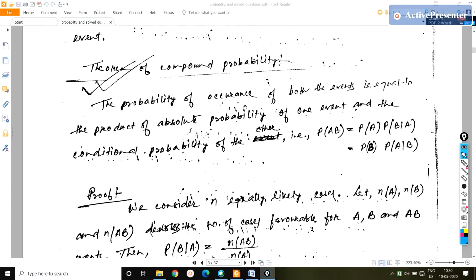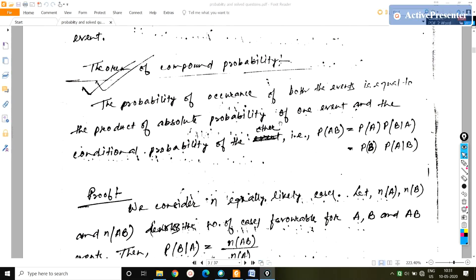The probability of occurrence of both the events is equal to the product of the absolute probability of one event and the conditional probability of the other. That is, P(AB) is equal to P(A) multiplied by the probability of B given A. So this is your theorem of compound probability.